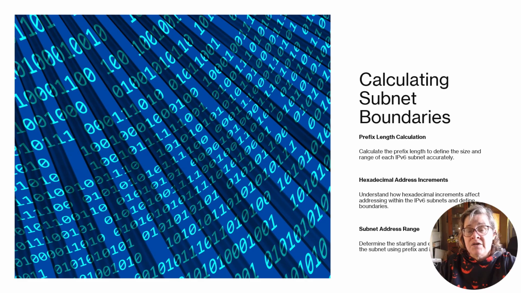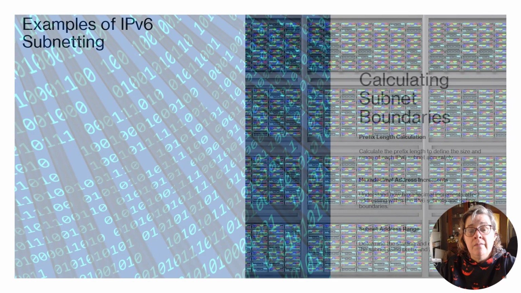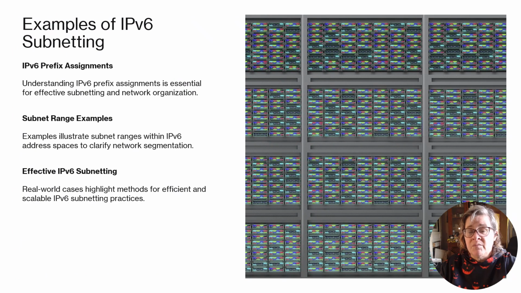Determine the range of addresses in each IPv6 subnet by applying prefix length calculations and understanding hexadecimal address increments. Real-world examples demonstrate how to subnet IPv6 addresses effectively, illustrating prefix assignments and subnet ranges.